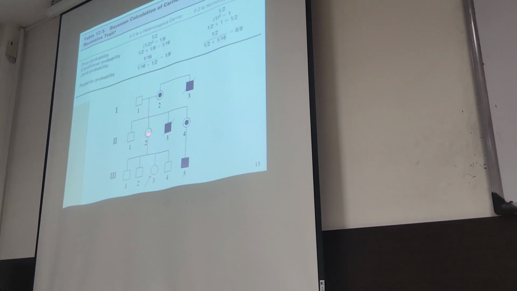And now, this 1 out of 9 multiplied by 1 out of 2. Okay? The chance of this individual to be a carrier is 1 out of 9. The chance of transmitting to 3 multiplied by 1 out of 2, which is 1 out of 18. Okay?